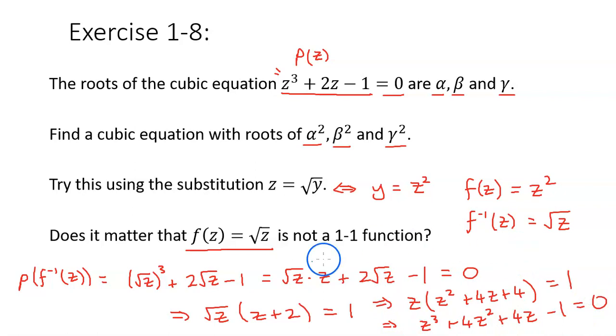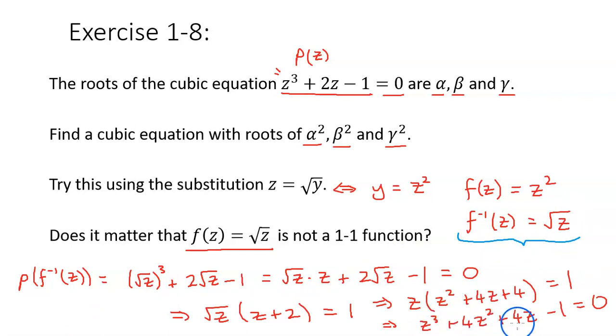Now, you might not be trusting this little thing that we did here because it was, I guess, based off of this inverse function, which isn't really an inverse function. And maybe you're even sitting there going, what does this square root thing even mean if z is a complex number? And these are all good questions to ask.